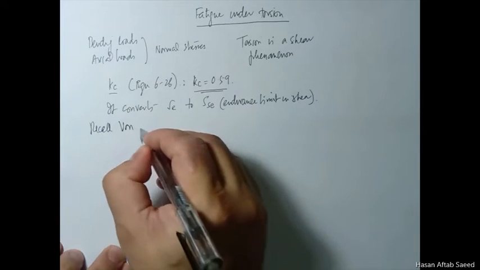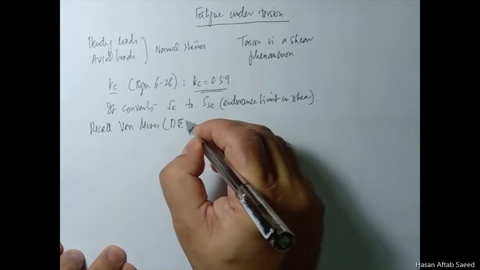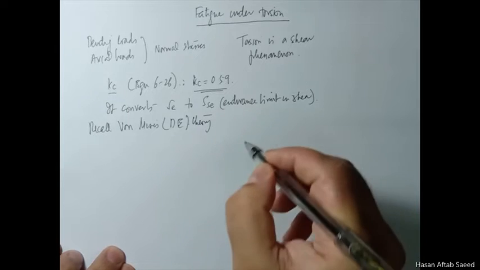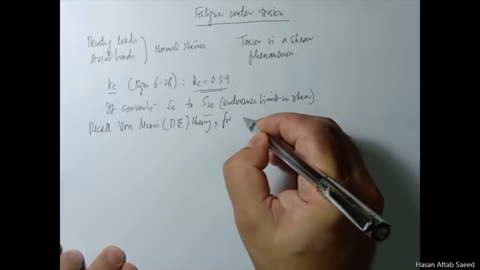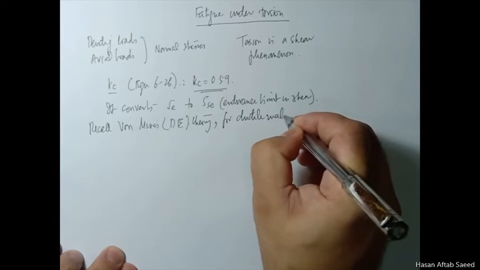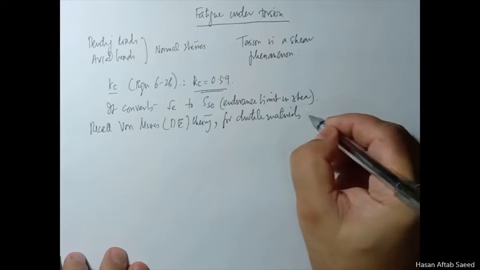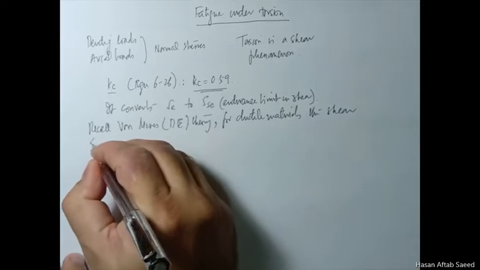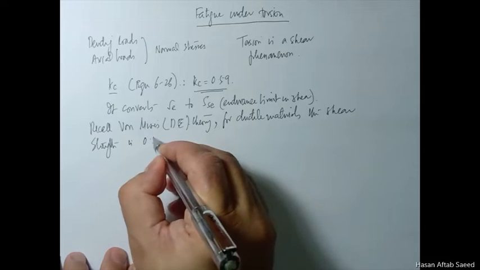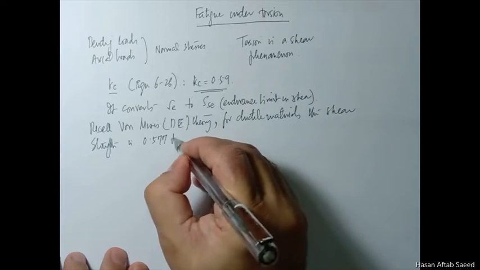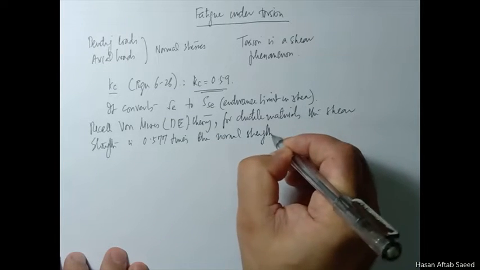the von Mises, or the distortion energy theory, for ductile materials, we have done it in our yield criteria. For ductile materials, the shear strength, according to this distortion energy theory, is about 0.577 times the normal strength.